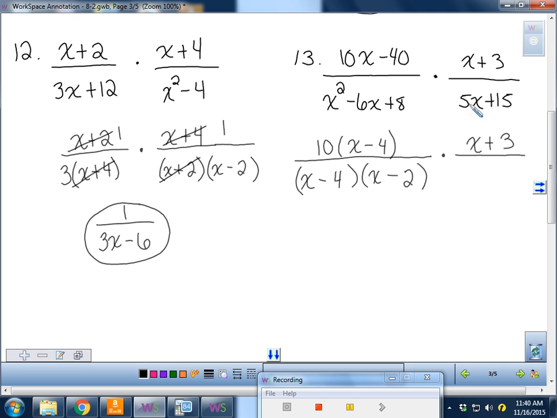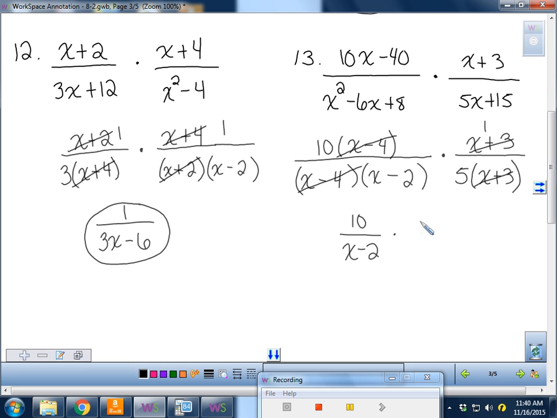5x plus 15. 5x and 15 have a common factor of 5, so I'll factor out a 5, leaving me with x plus 3. So now I'm looking for common factors. Well, I notice that I have an x minus 4 on top and an x minus 4 on bottom. So that just leaves me with 10 on top and x minus 2 on bottom times. I notice I have x plus 3 and x plus 3.